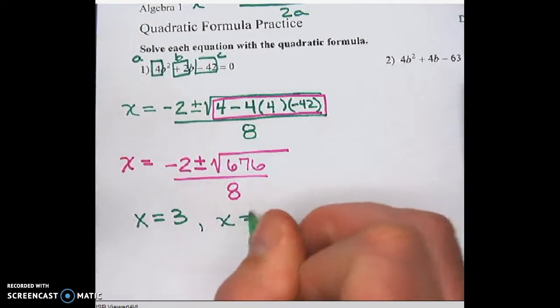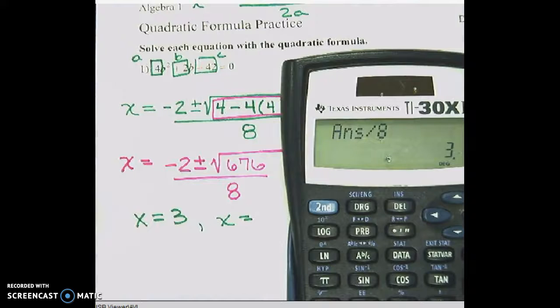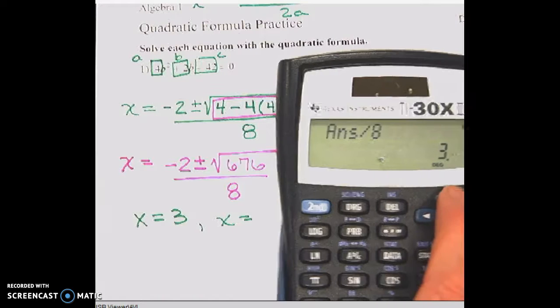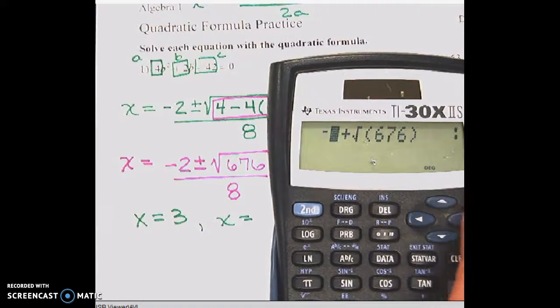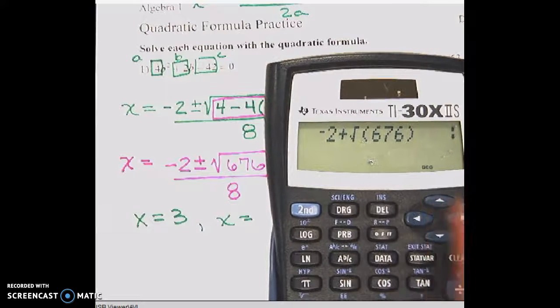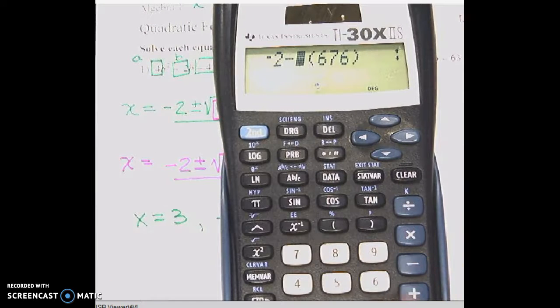And the other one's going to be x equals, and so I'm going to go back up and retype this line right here, but instead of negative 2 plus, I'm going to do negative 2 minus. Now you could retype it all, negative 2 minus, or if you just hit the up arrow on your calculator, you can go back. If I hit it twice, I go back to the last thing I inputted, and I'm just going to scroll over to the plus sign, and then while it's highlighted, I'm just going to hit the minus sign.